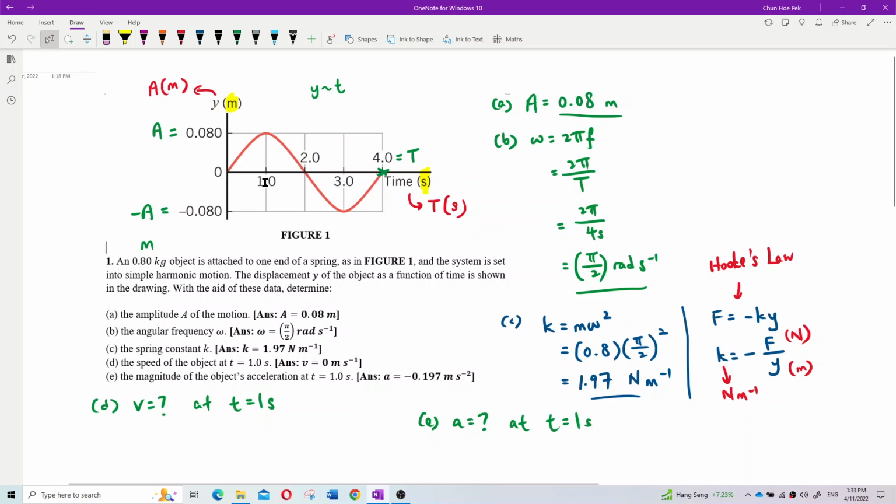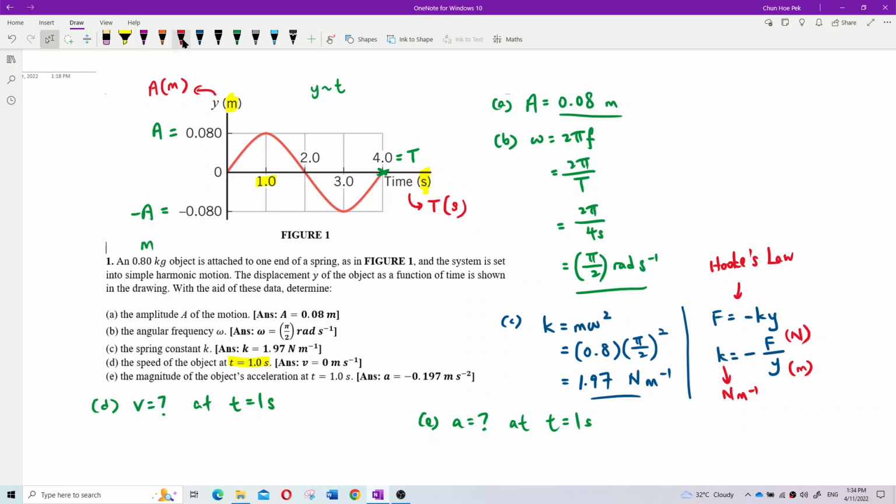That means it also gives you the displacement at 1 second.